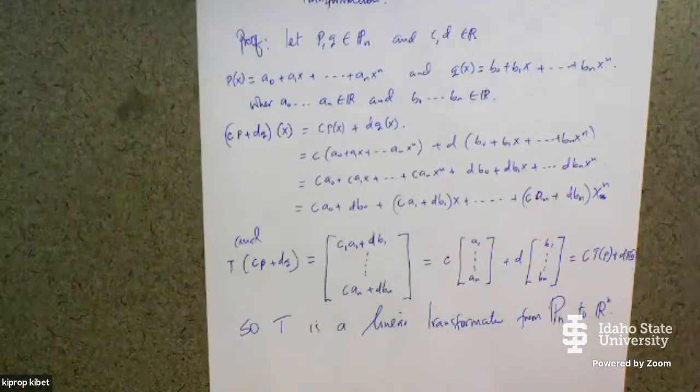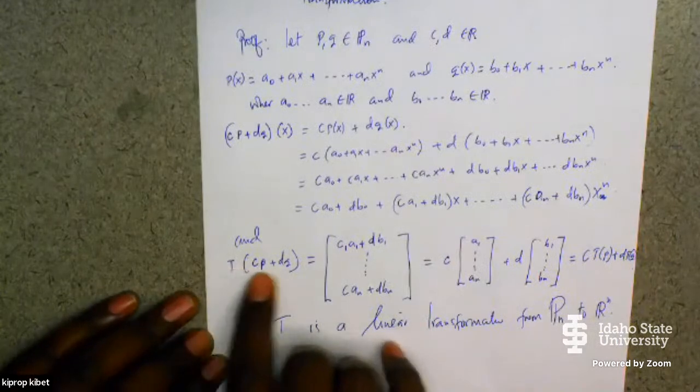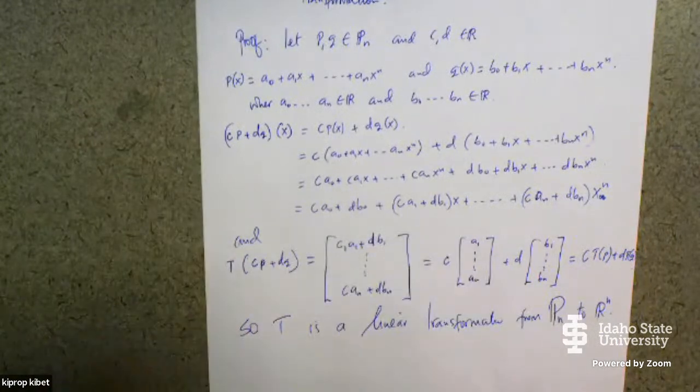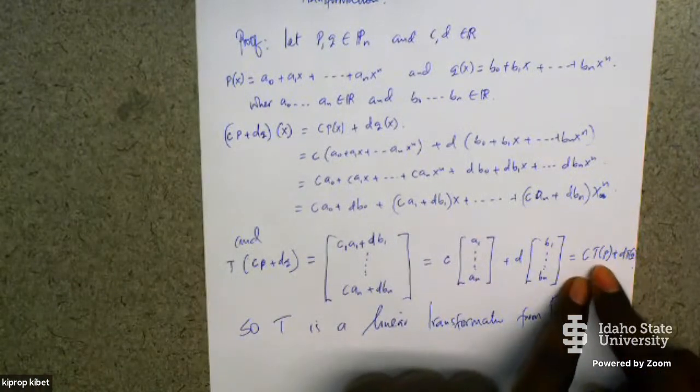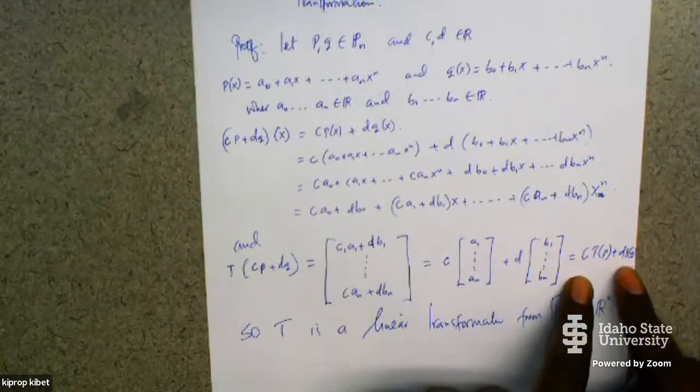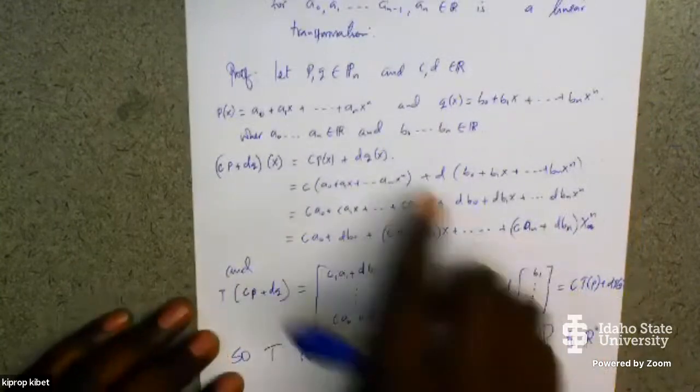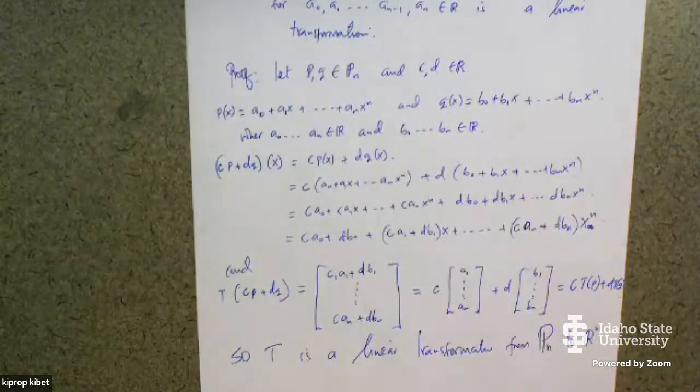So what are we seeing from here? This T of the whole combination can be written as c T of P plus d T of Q. So it is basically confirming that that one is a linear transformation.